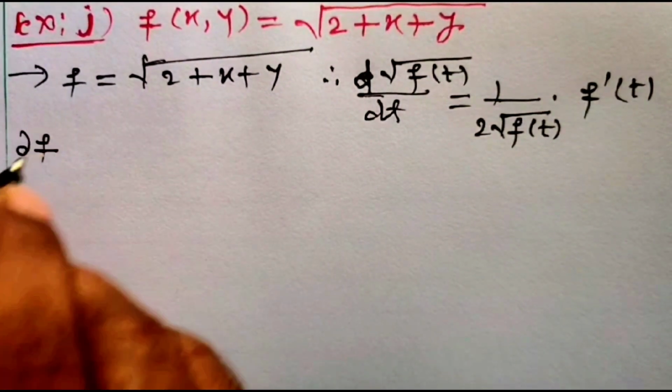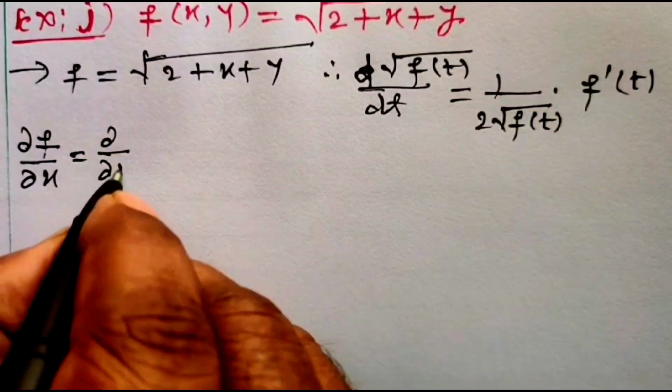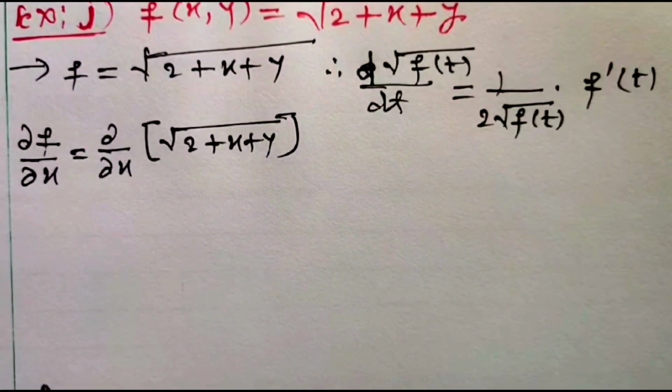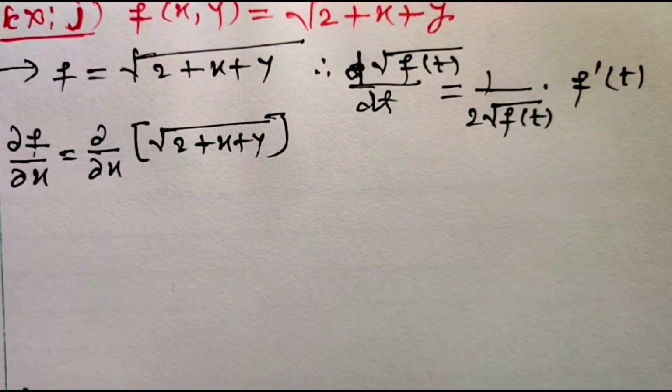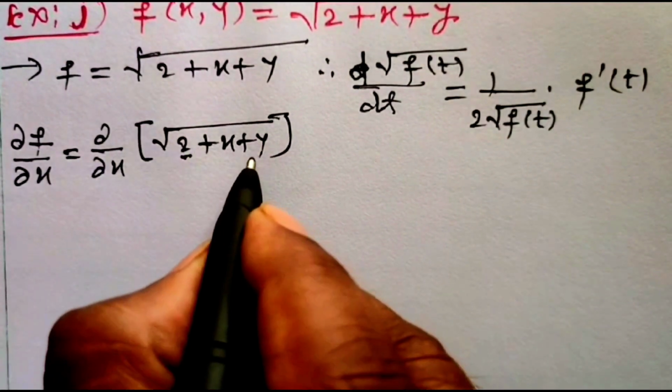Partial derivative of f with respect to x is equal to partial derivative with respect to x of square root of 2 plus x plus y. Here we are taking partial derivative with respect to x, so y must be constant, and here 2 is also constant. You can club these two.